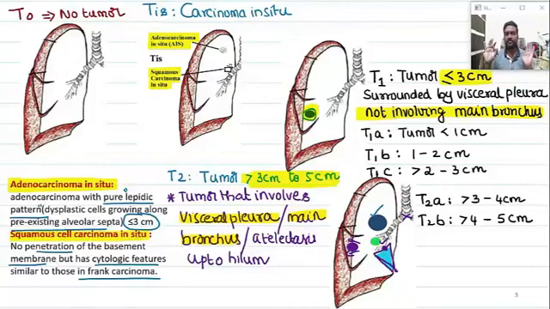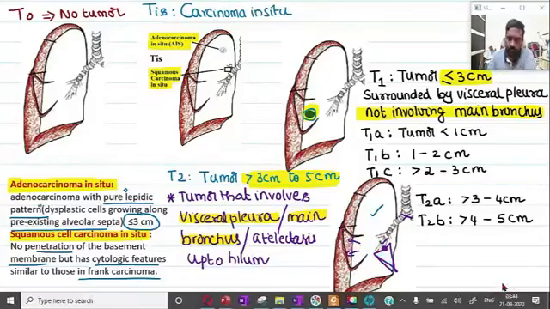If it is 3 to 4 centimeter, it is T2A. If it is 4 to 5 centimeters, it is T2B. And generally it will be involving the visceral pleura, main bronchus, and it can cause atelectasis up to the level of hilum.